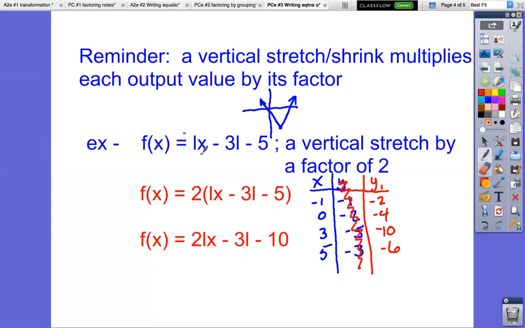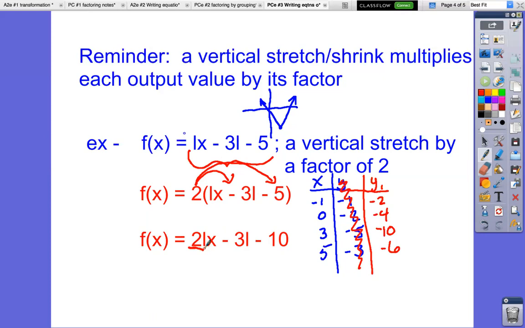So whenever I have an equation, the absolute value of the quantity of x minus 3 minus 5, and the entire quantity is being stretched, that means I have to multiply both the absolute value, which we don't multiply inside it, it's an operation, and the k value by that factor. Okay?